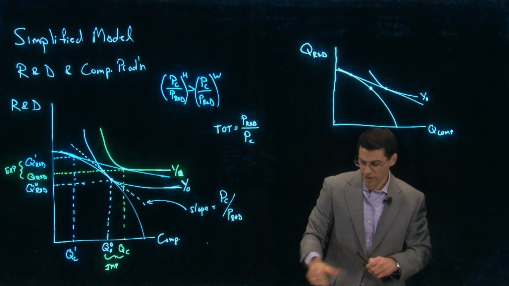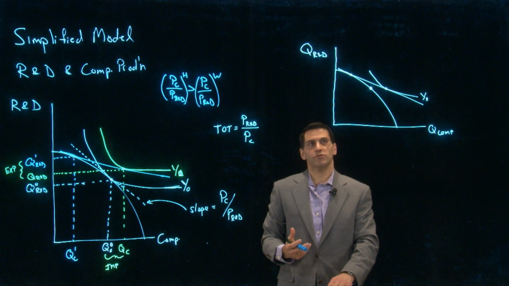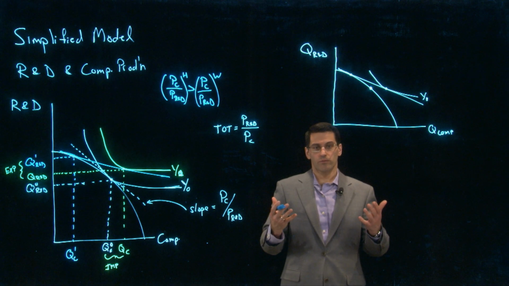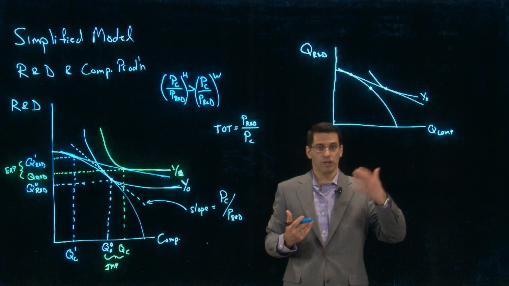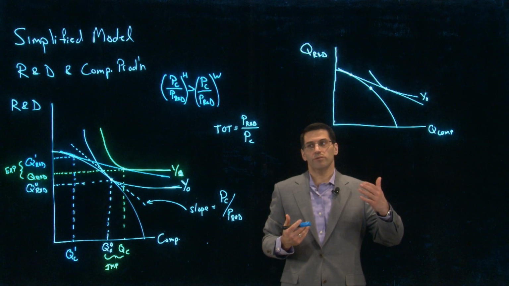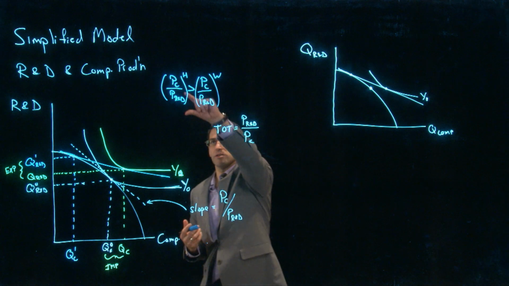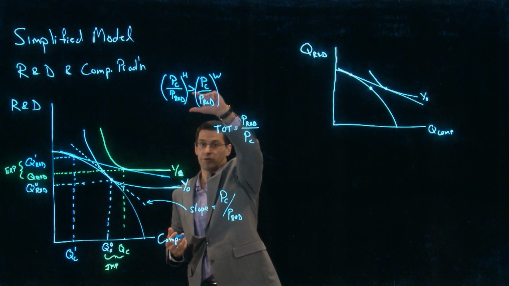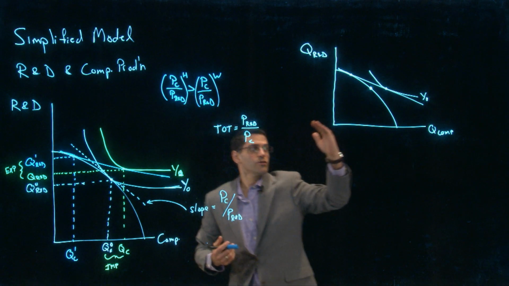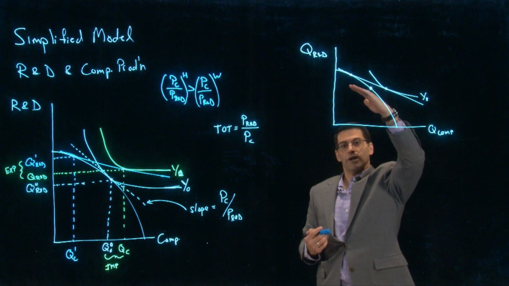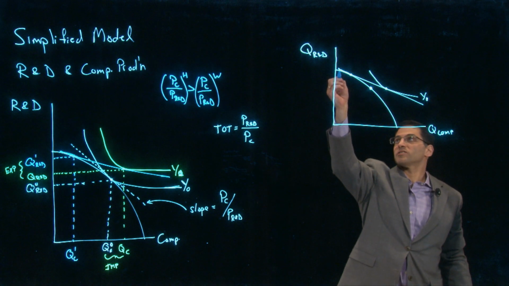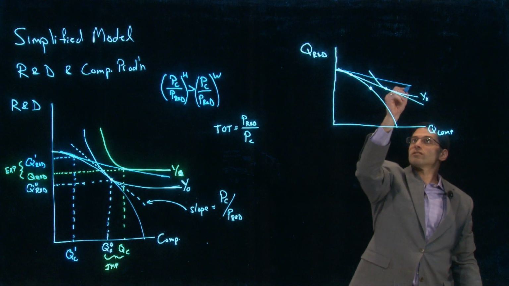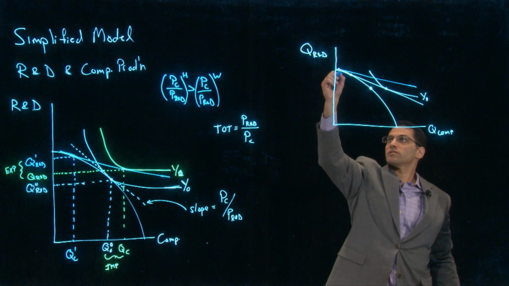And now think about what happens if the terms of trade improve, right? So if the relative price of R&D globally goes up, what's going to happen? Yeah, it's the same as saying that the relative price of components goes down. So that's going to make our world price line even flatter, which means we're going to specialize even more in R&D production.